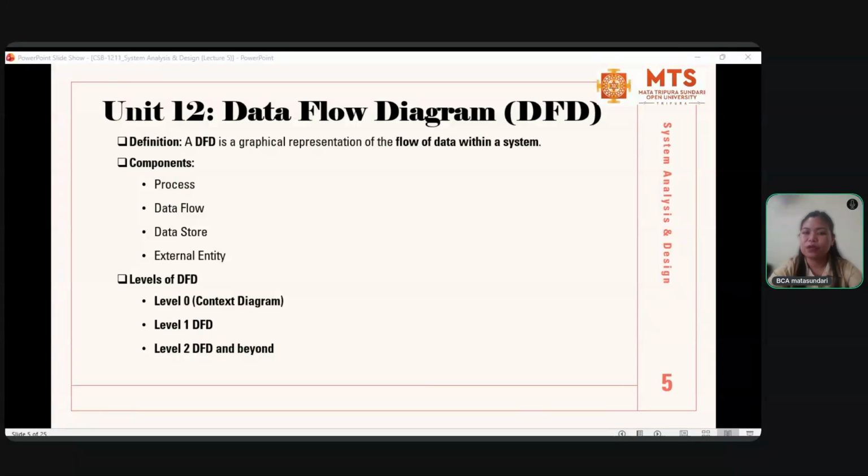Here are the levels of DFD. There are three: Level 0, which is the context diagram, Level 1 DFD, and Level 2 DFD and beyond. Level 2 and beyond means more connectivity will be shown within the system.